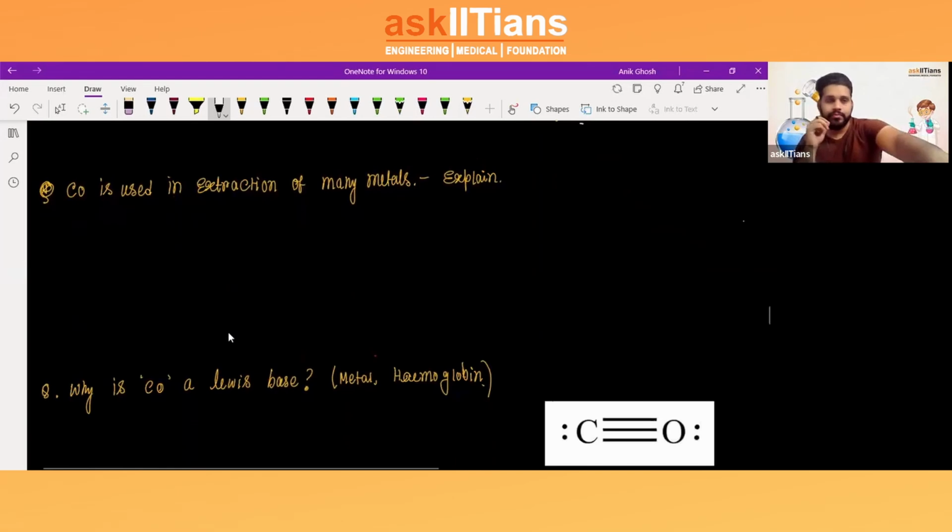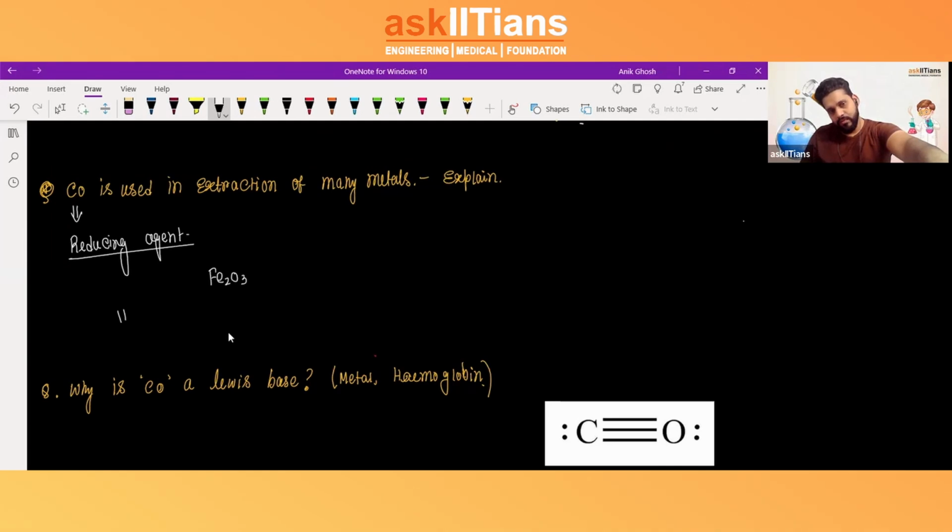Now, CO is, like I said, used in the extraction of many metals. How? Like I said, CO is a very good reducing agent. So let's say I've taken hematite. If I give CO to it, we get iron plus CO2 out of it.